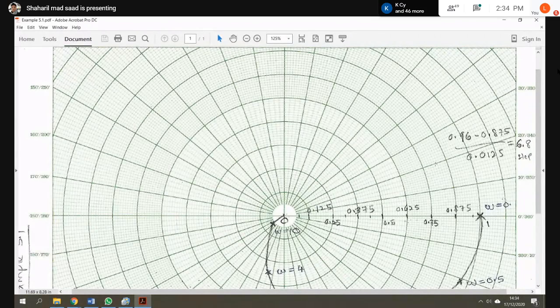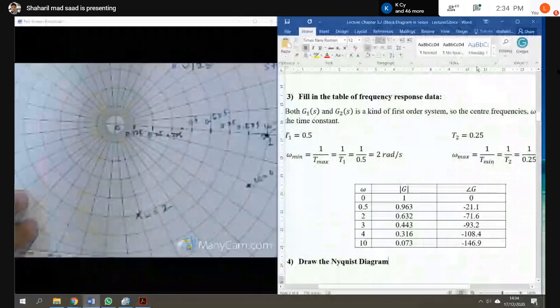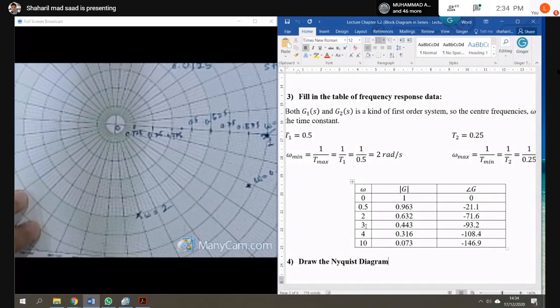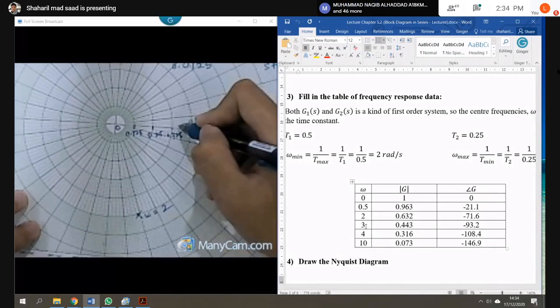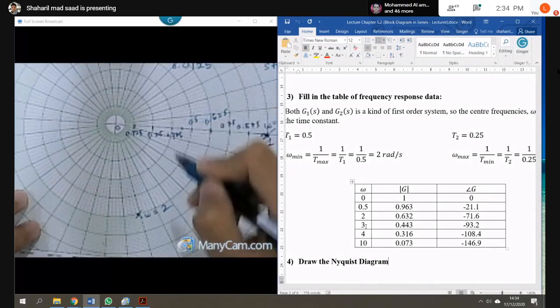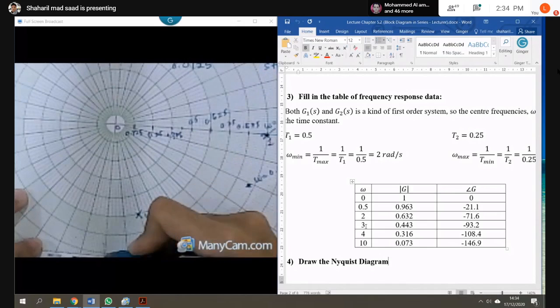And now where am I? Omega equal to 3. Here we take some time here. 0.44. So it will take about 5. 1, 2, 3, 4, 5 here. And then what is the angle? 93.